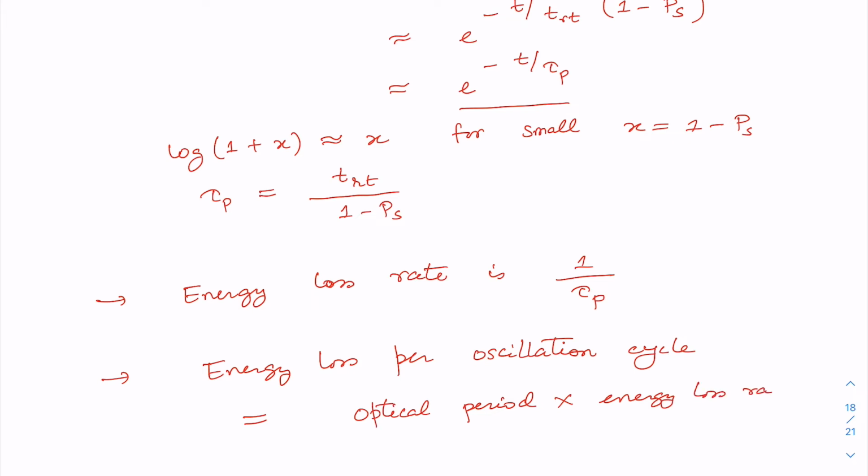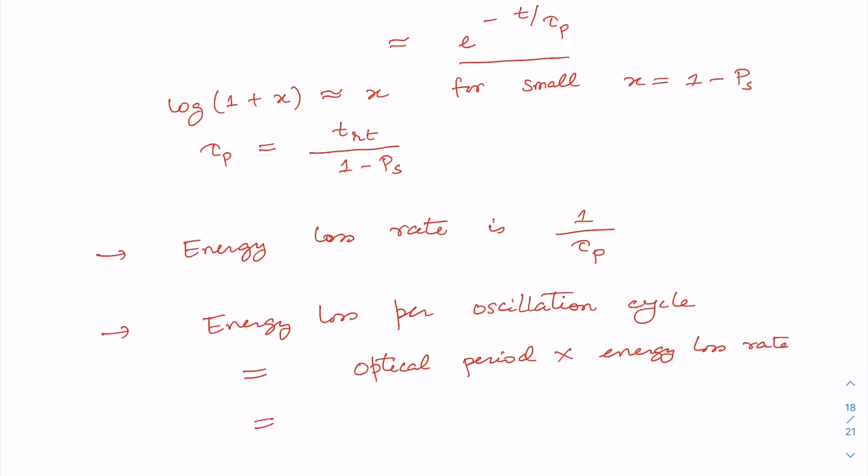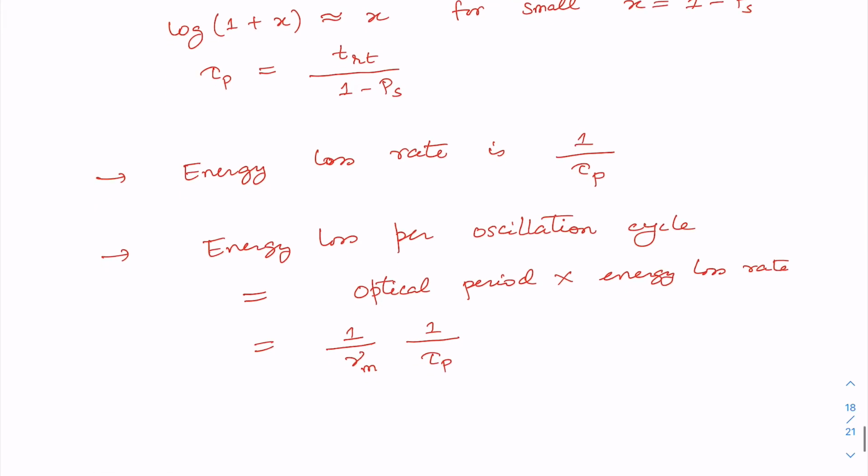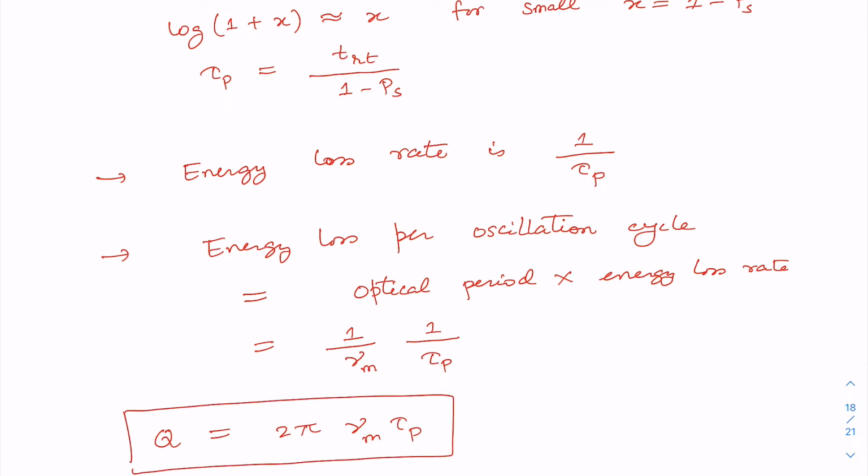The optical period in terms of frequency I can write as 1 by nu m, the resonance frequency of the cavity, and this loss rate is 1 by tau p. With respect to the stored energy, therefore, the quality factor would be 2 pi into simply nu m tau p.